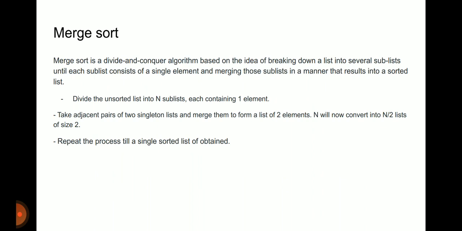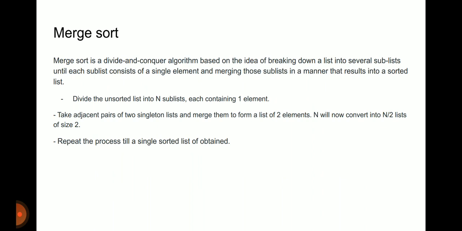Merge sort is a divide and conquer algorithm based on the idea of breaking down a list into several sublists until each sublist consists of a single element and merging those sublists in a manner that results in a sorted list. Merge sort follows the following steps.